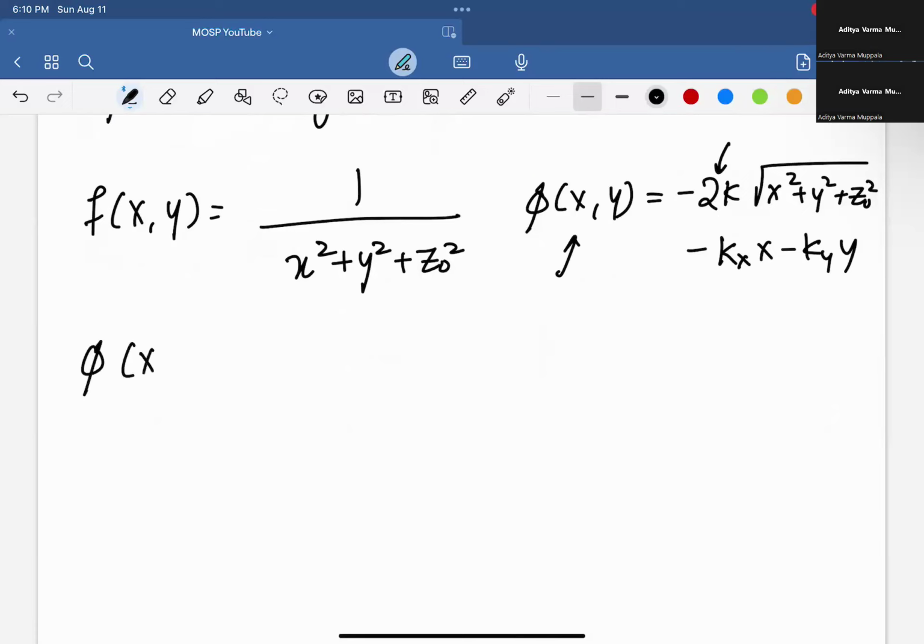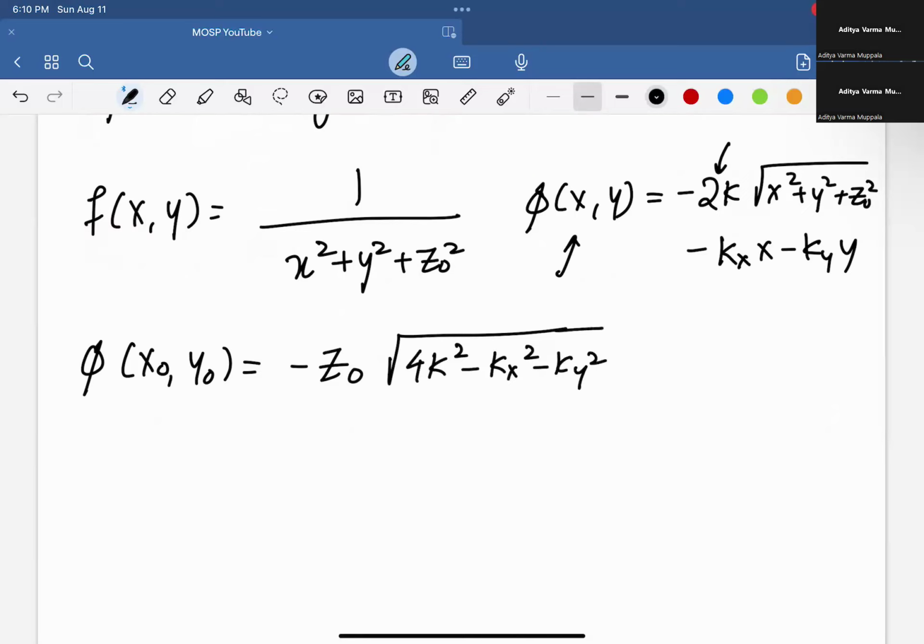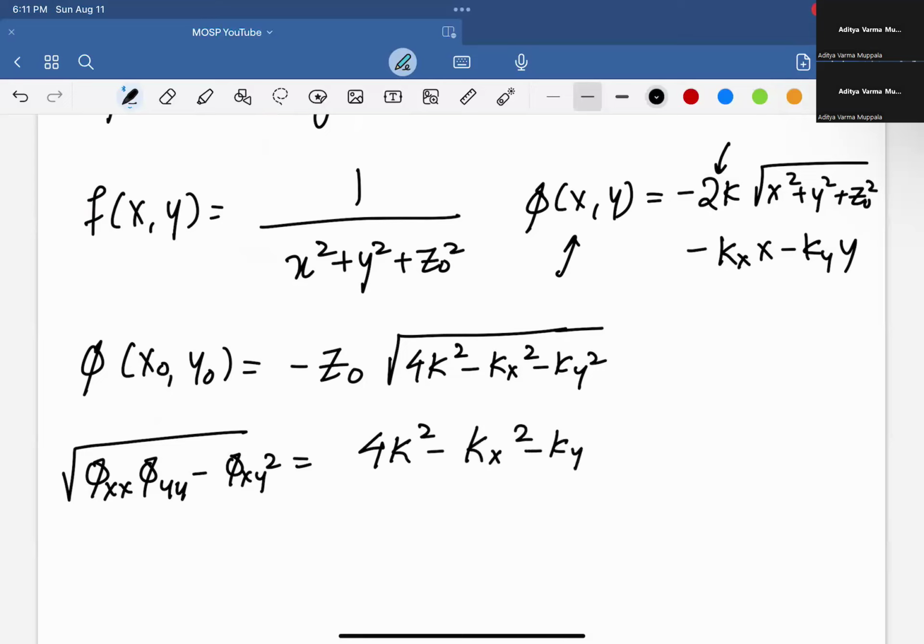I can just say phi at x naught, y naught is minus z naught square root of 4k squared minus kx squared minus ky squared, same as last time. And the square root of phi xx phi yy minus phi xy squared is equal to (4k squared minus kx squared minus ky squared) over 2k z naught.